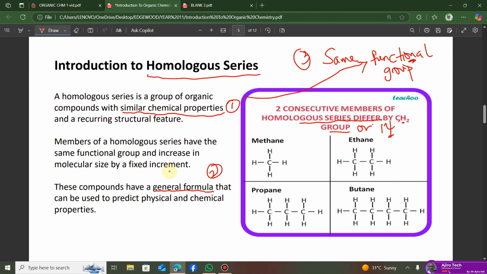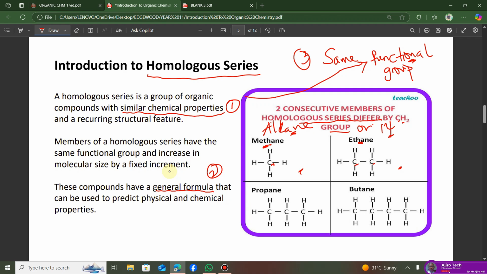Now let's look at an example. This is a family of alkanes, for example. We're going to look at names of homologous series and all of this information more. But I just want to use this to explain what I mean by each successive or consecutive member differing by CH2 or a mass of 14. The first member of this family is methane. The second member is ethane. So let's look at whether the difference between these two members is a CH2. Just by looking at it, methane has just one carbon. Now, when we go to ethane, it has an additional one carbon.